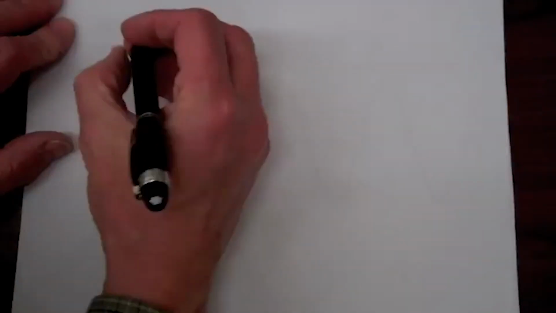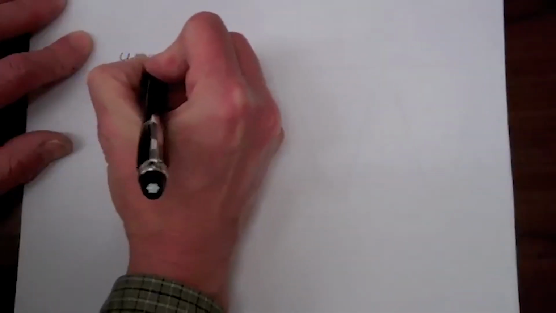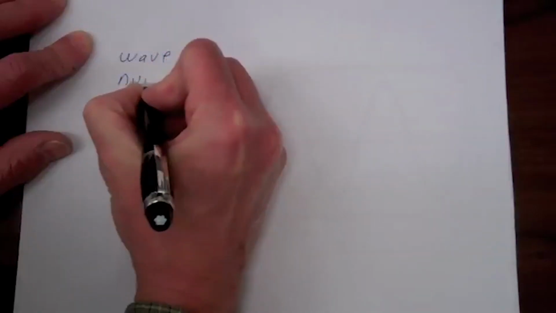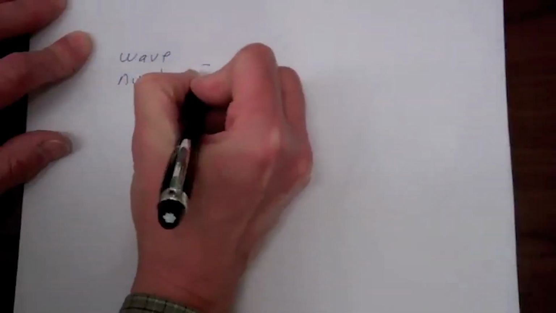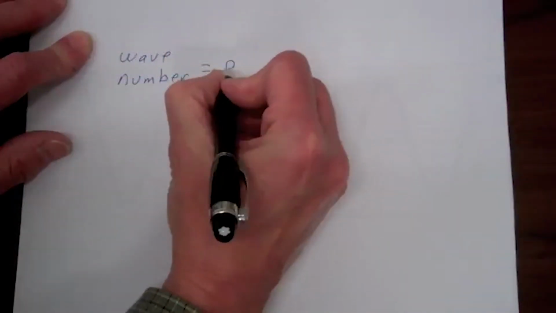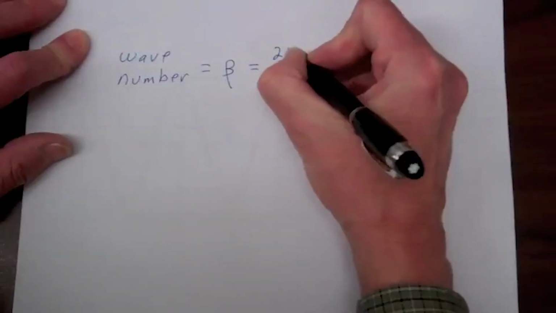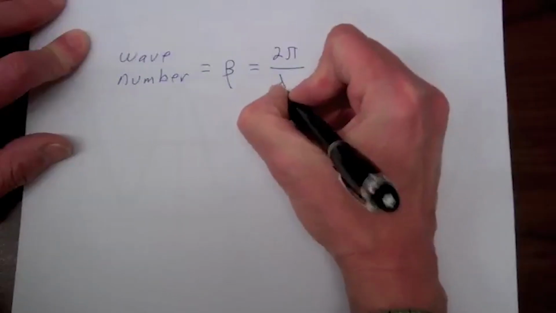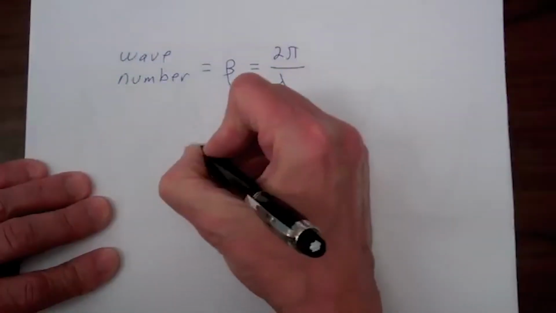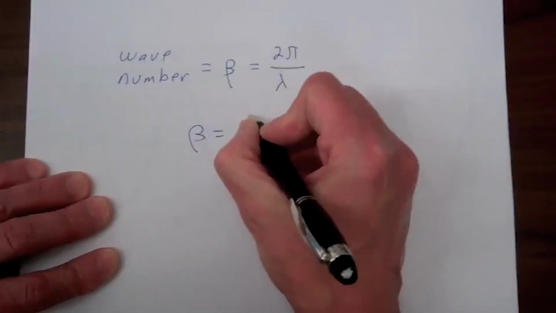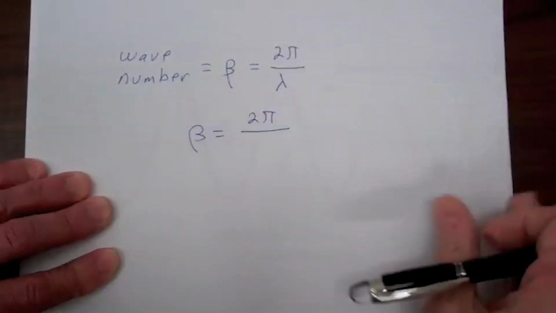I now want to define the wave number for a wave, and the symbol we use is beta, and it is equal to 2 pi over the wavelength.